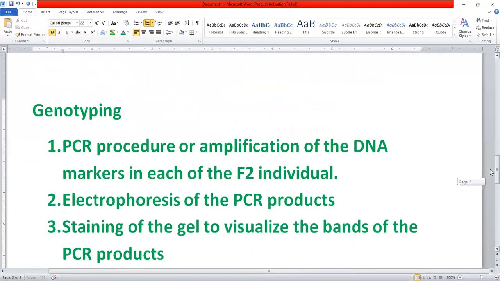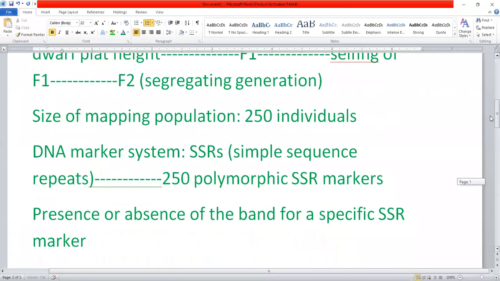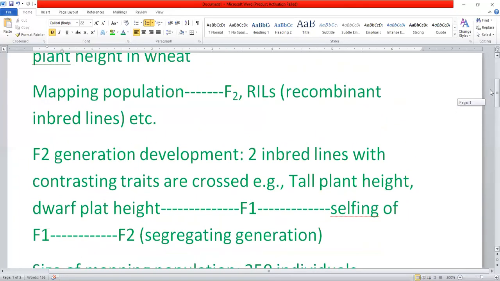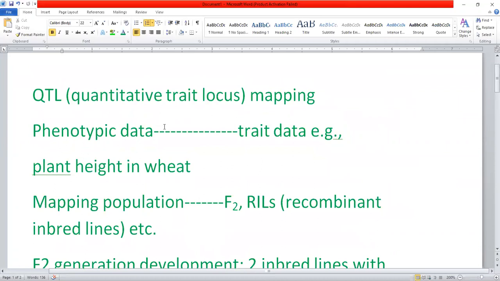And at the maturity stage, the plant height of each of the 250 F2 individuals will be recorded. This recording of plant height at the maturity stage will generate the phenotypic data, the trait data, and in this case, the trait we are interested in is plant height.